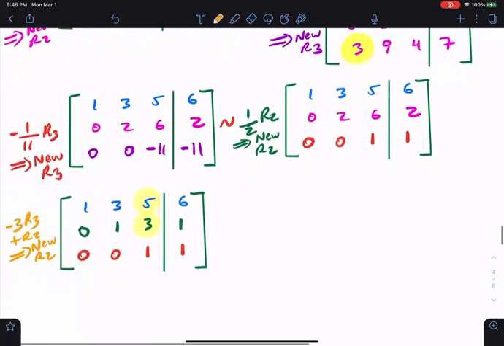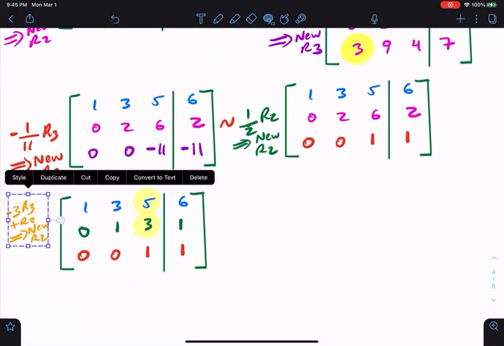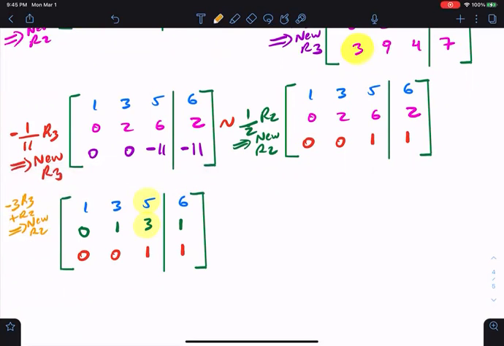That's the first one, right? And then we can do, let me change the color, negative 5, row 3 plus row 1 will give me new row 1.